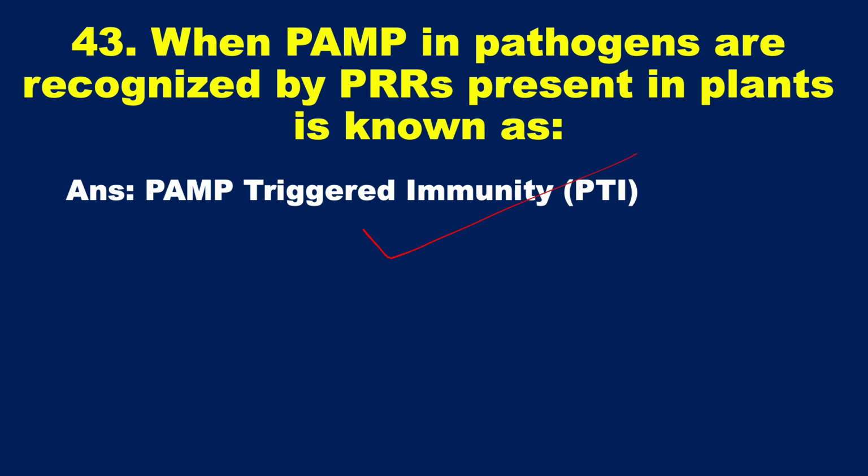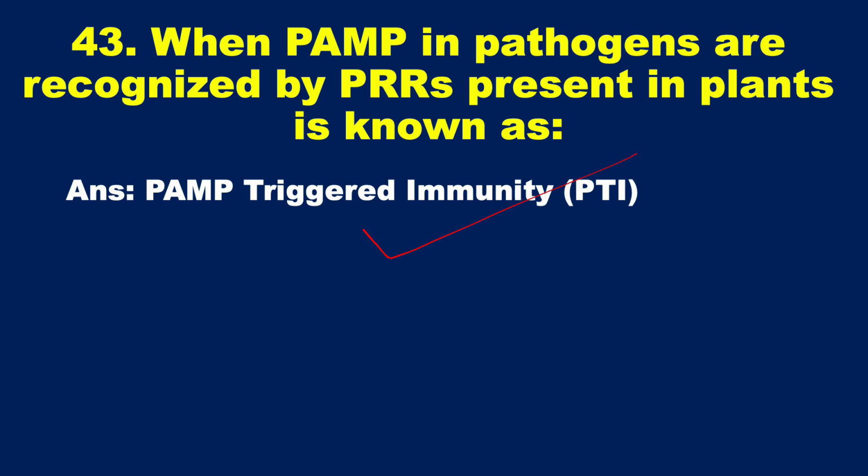PTI is activated when a plant recognizes a specific molecular pattern called pathogen associated molecular pattern, which is typically conserved among different groups of pathogens. PAMPs are very essential components of pathogens such as bacterial flagellin, fungal chitin or viral double-stranded RNA, which are not present in the host cell.